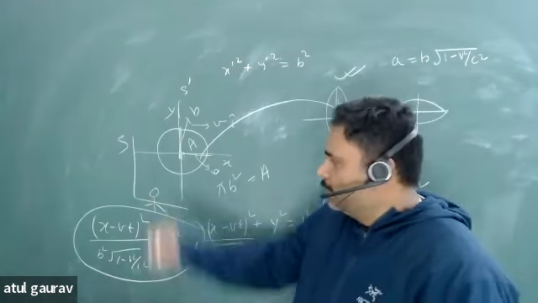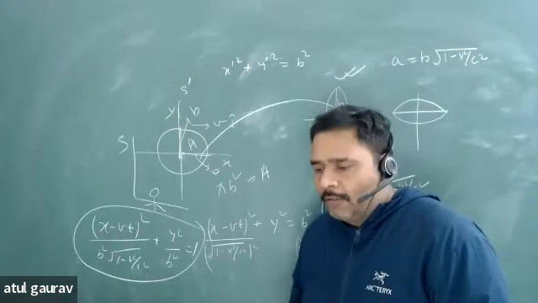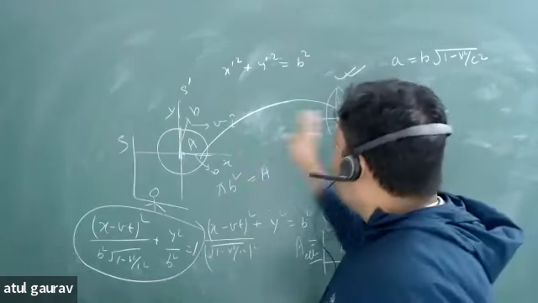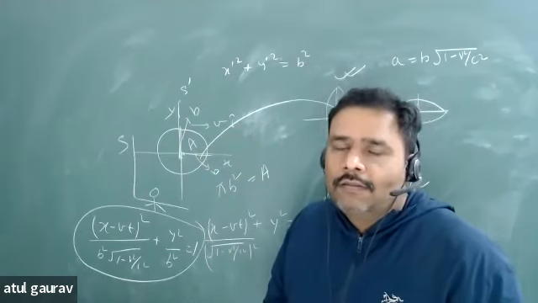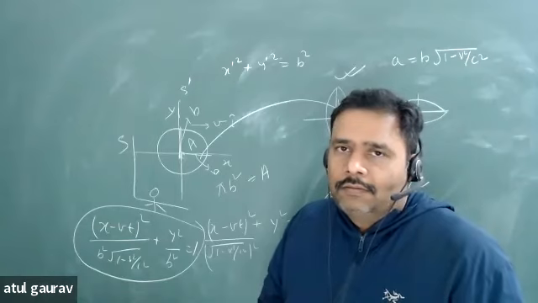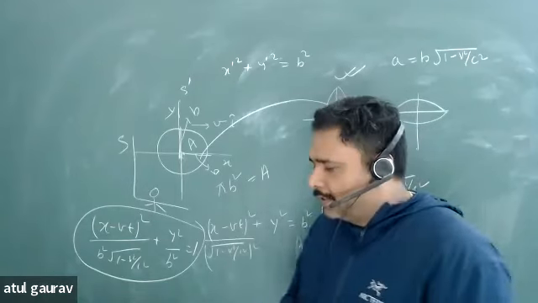According to this frame. So yes, this type of problem can come into your exam, and this length contraction is nothing but the application of what? Lorentz transformation. We have proved this with the application of Lorentz transformation.